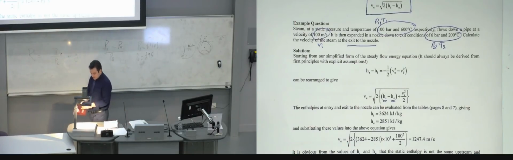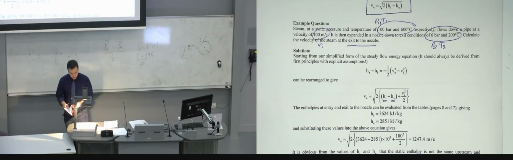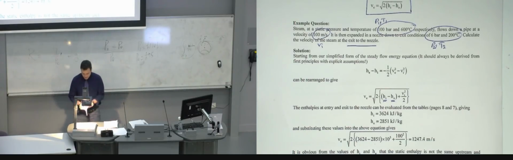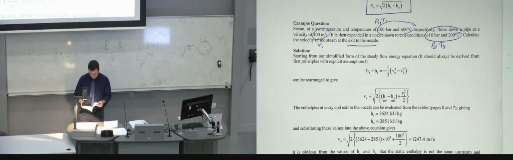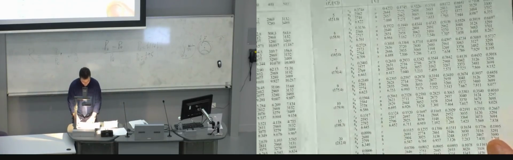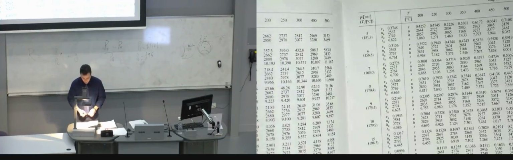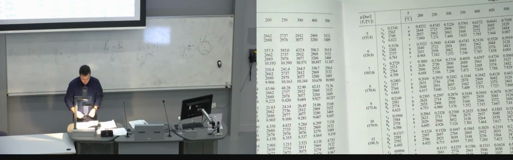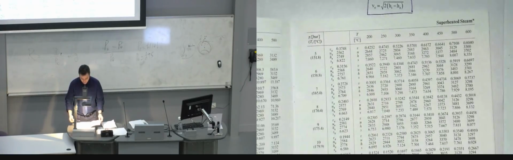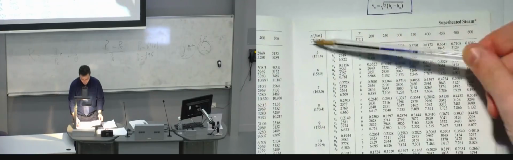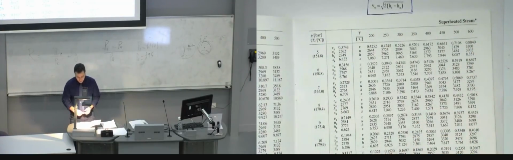Now, because you've got the steam and you've got the pressure and temperature, if you go to pages 7 and 8, then from here, you've got the superheated steam, and I'm not going to show you the details, we're not going to have time, but you've got the temperature here, you've got the pressure here, and you've got the two conditions there.